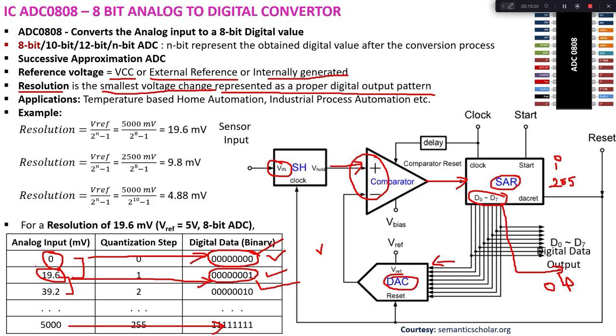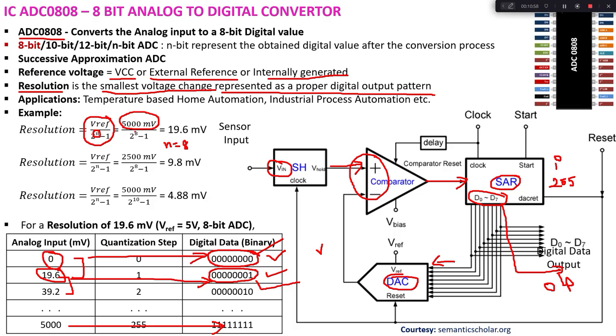So how do we calculate this resolution? Resolution is calculated using this formula: reference voltage divided by 2 power n minus 1, where n represents whether it is an 8-bit ADC, 10-bit ADC or 12-bit ADC. Here we are going to take ADC 0808. So our n value is 8. Let us consider the reference voltage to be 5 volt, represented as 5000 millivolt.